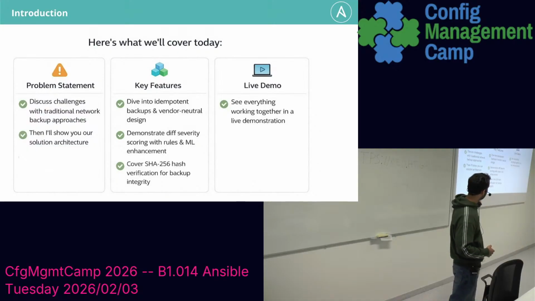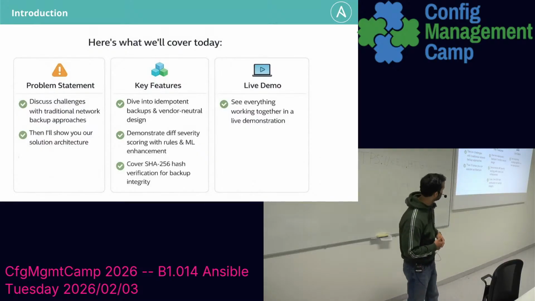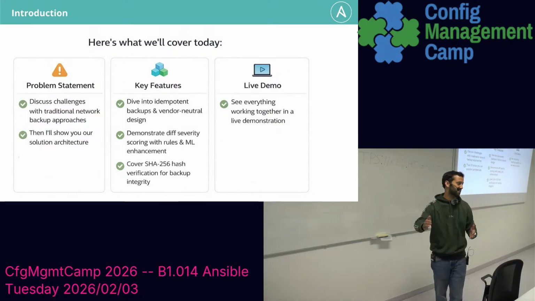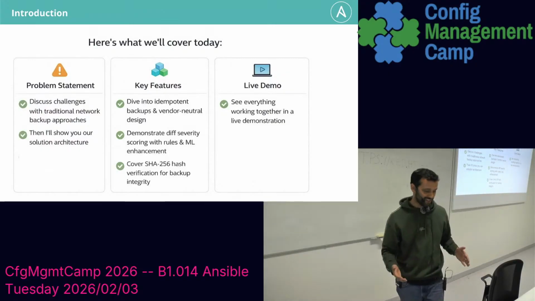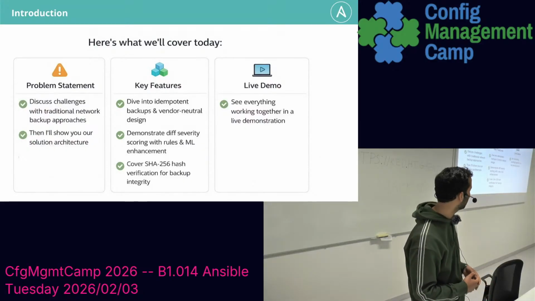Then there is the verification for backup integrity, and we are using the SHA-256 algorithm for it. Then I'll try to give you a demo. I have it recorded because there are at least 6 different sections of the demo, so I thought it's better to record those than to deal with the demo god here.